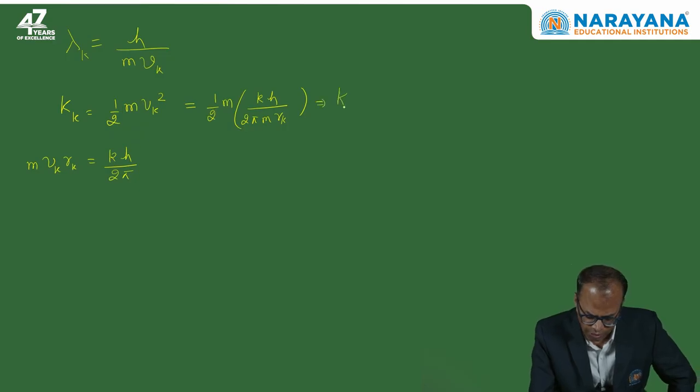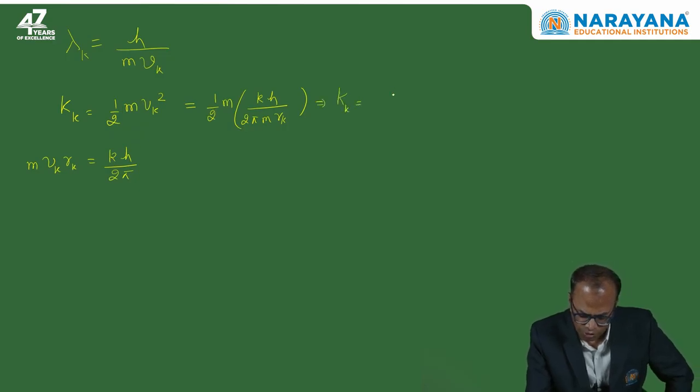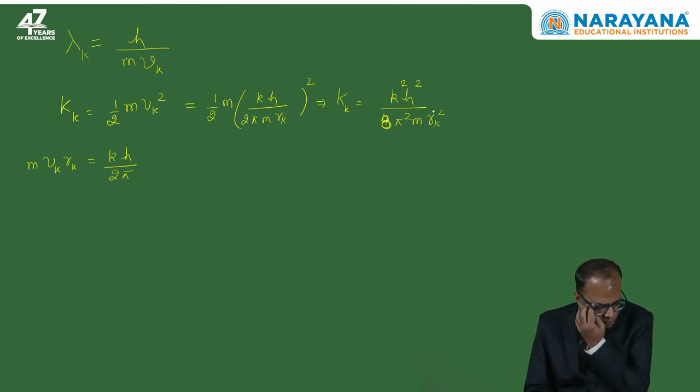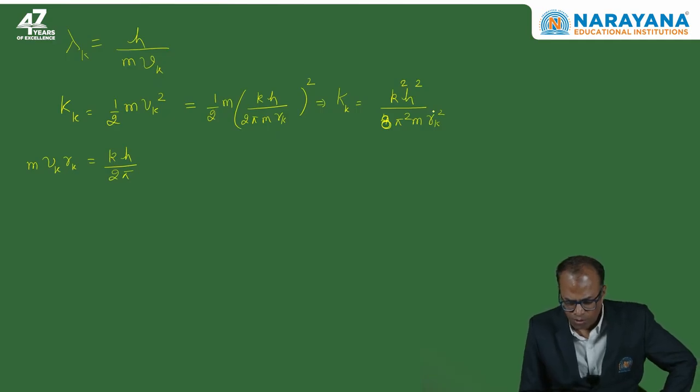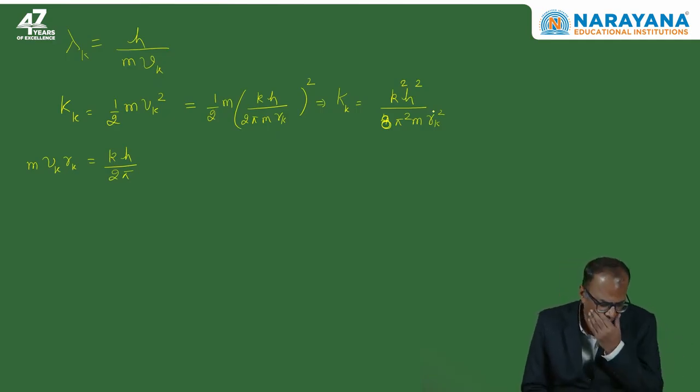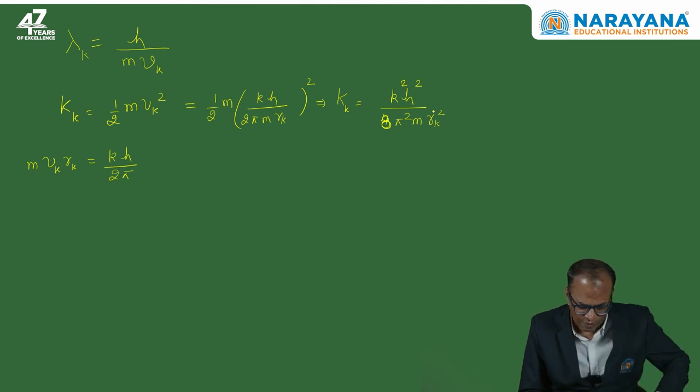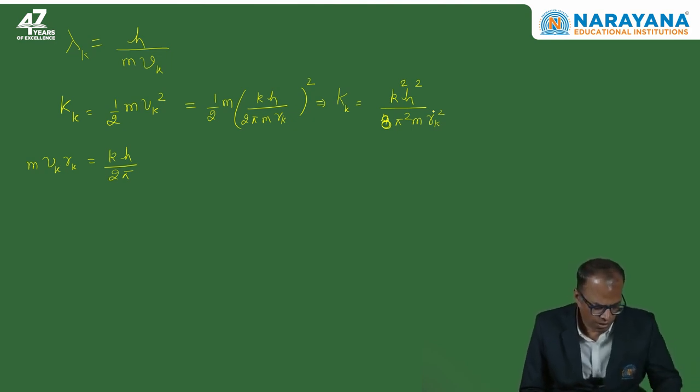So I will get kinetic energy in the kth orbit as k squared h squared by 8 pi squared m times Rk squared. I'm not interested in this kind of an expression. I need to think more. Okay, let's think of it more.